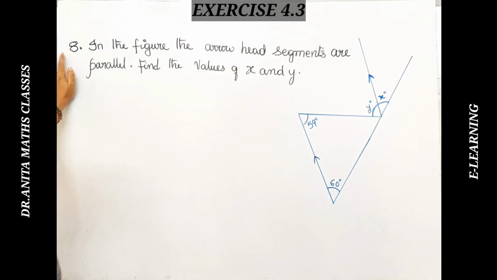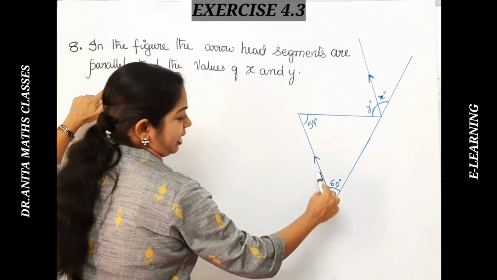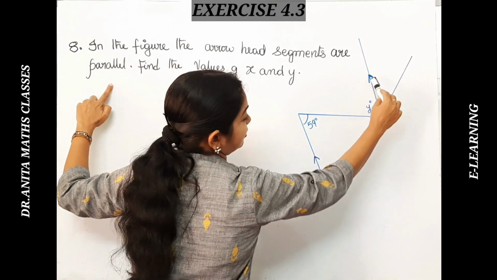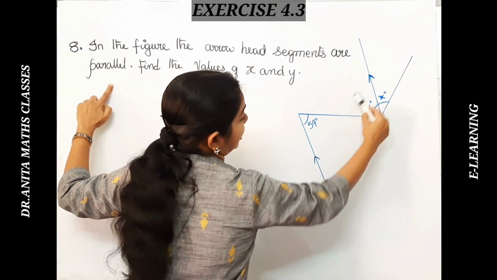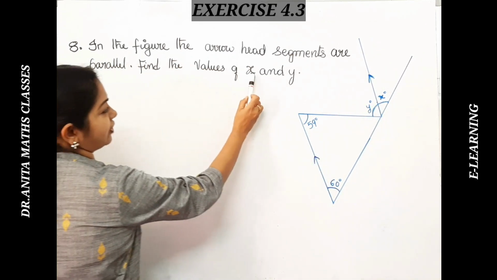The 8th problem: in the figure the arrowhead segments are parallel. The arrow which is pointing out towards here, these two arrowhead segments are parallel. Find the values of x and y.